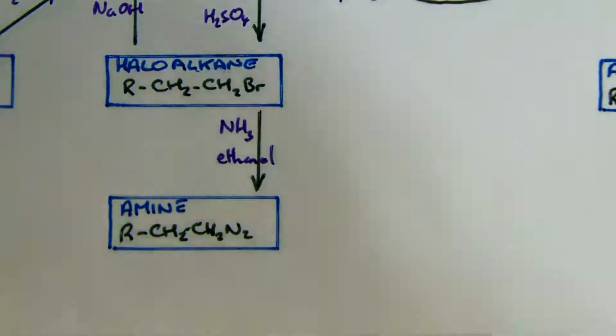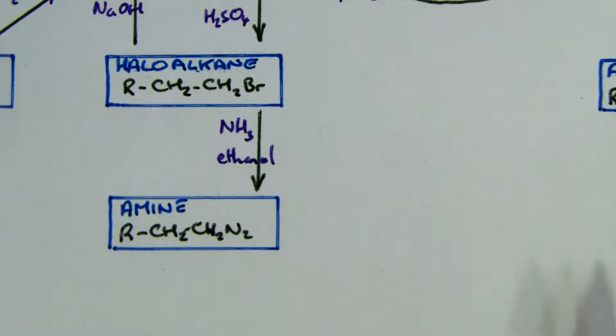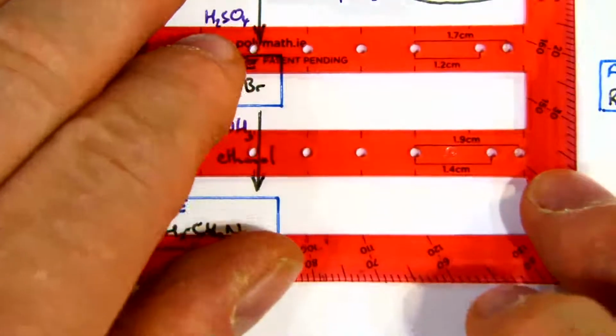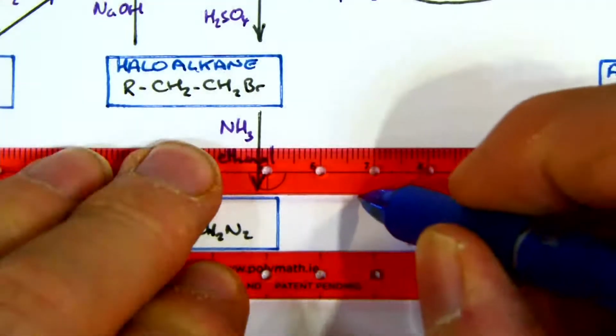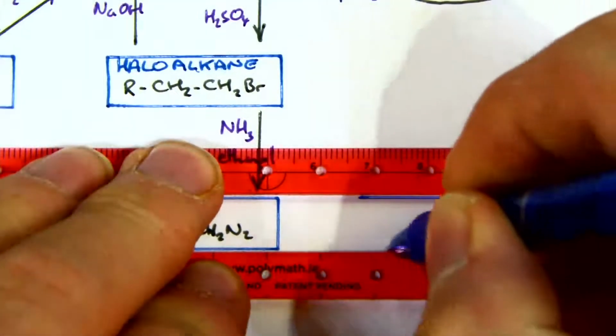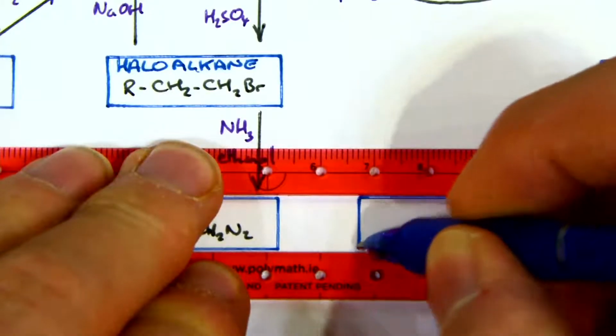If I hadn't wanted to go to an amine, I could use my halogenoalkane to make a nitrile.